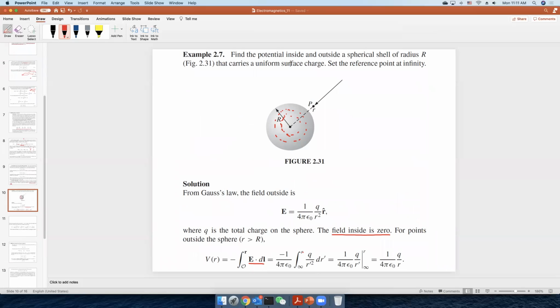You can calculate this integral. You will have this equation, evaluated in r prime from infinity to r. When it's infinity, this equation becomes zero. When it's r, this equation becomes this. So the potential equals this equation.